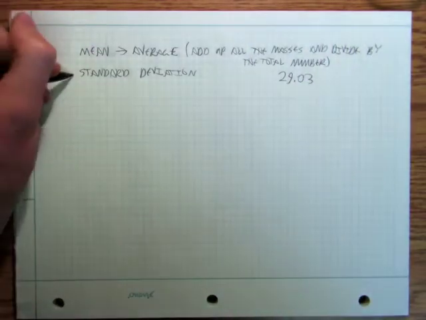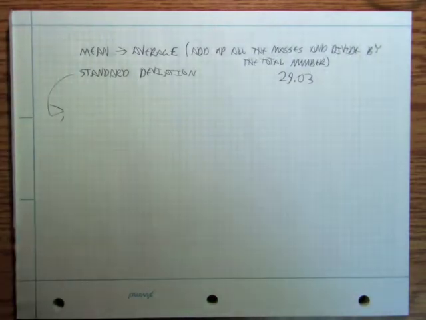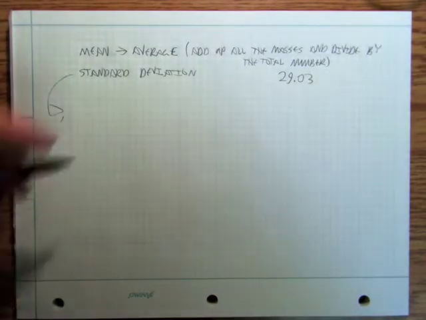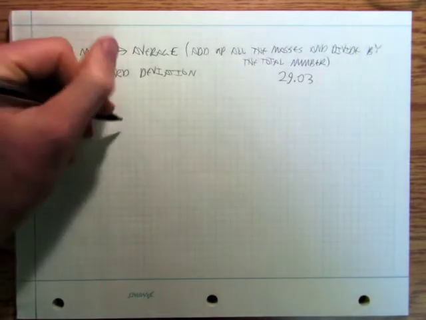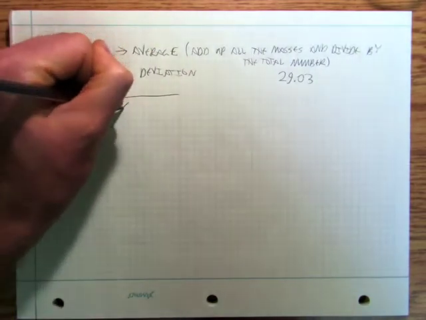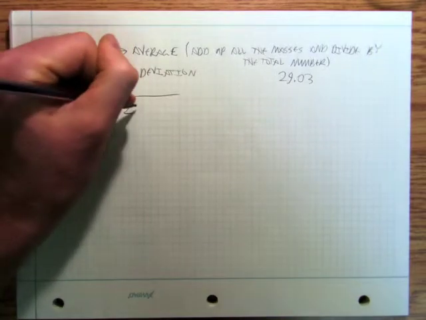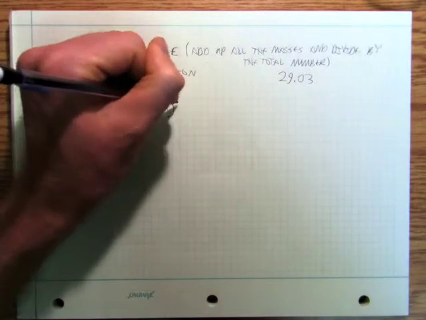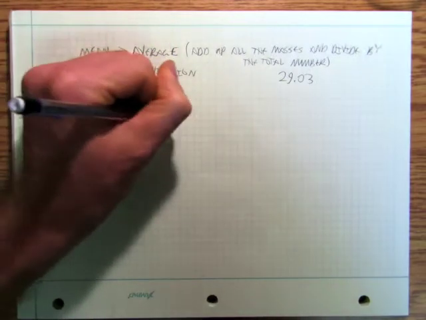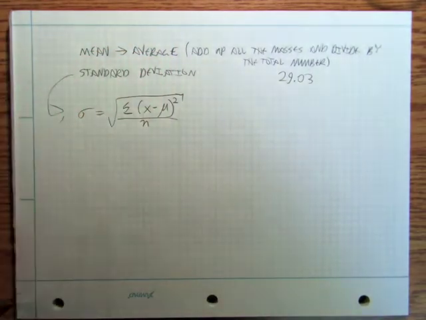Okay, standard deviation, just giving you an overview: the formula is sigma is equal to the square root of the sum of x minus the mean, squared, over n.